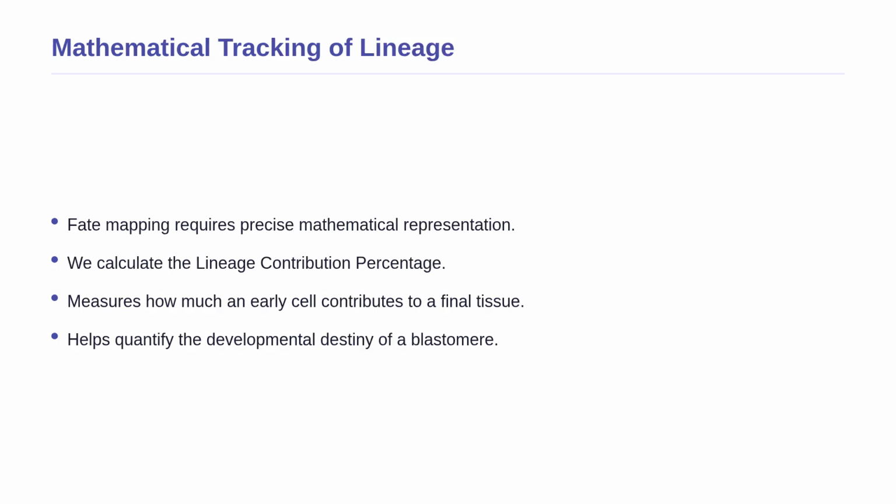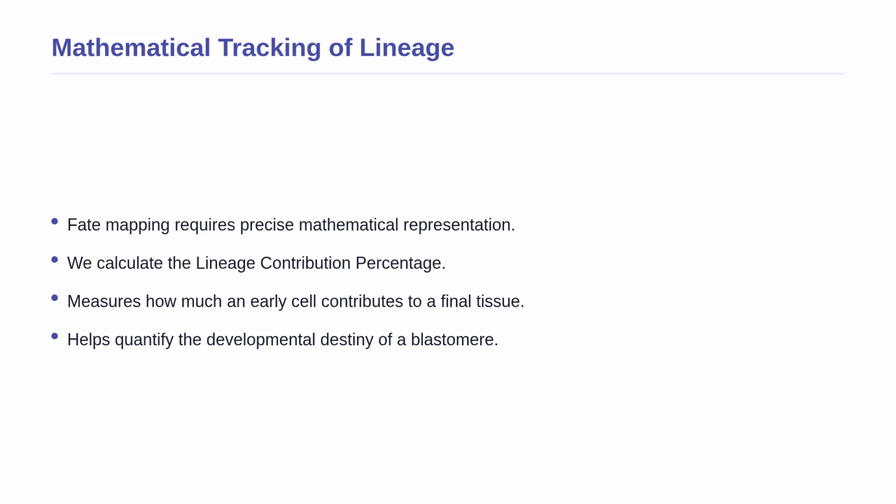Understanding the biological importance of fate maps naturally brings us to the analytical side of developmental biology. How do we mathematically represent the tracking of cells in a fate map? It's not enough to just say a cell becomes part of the brain. We need to know exactly how much it contributes.